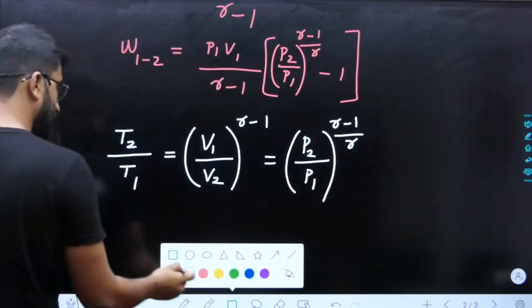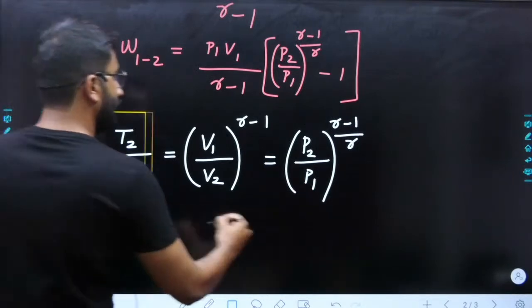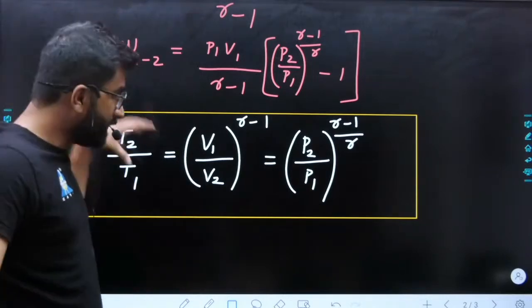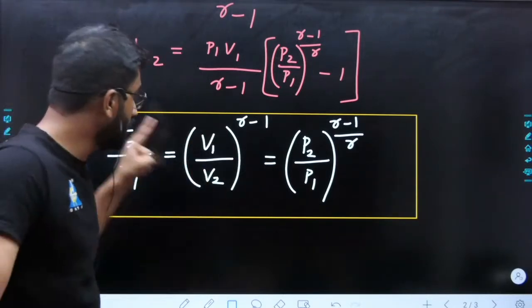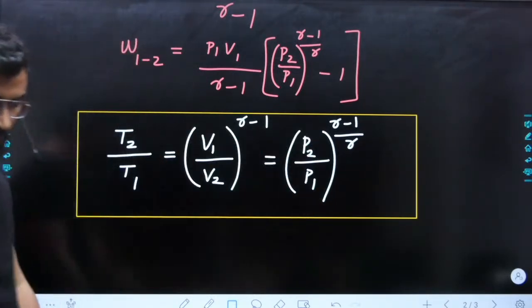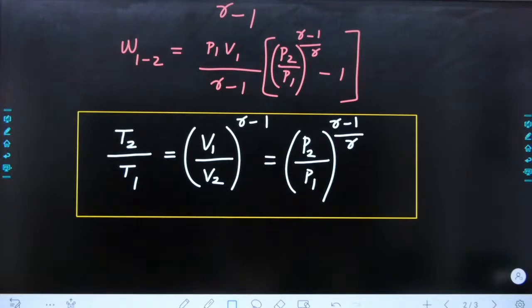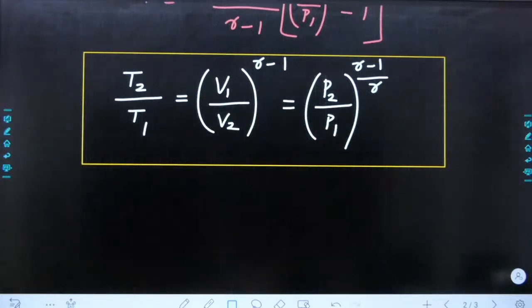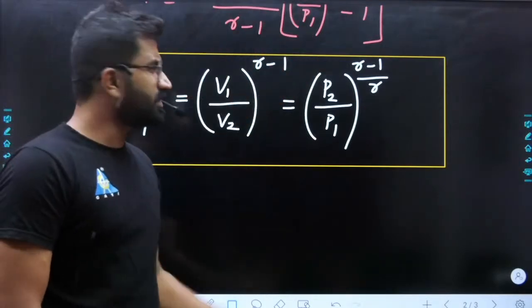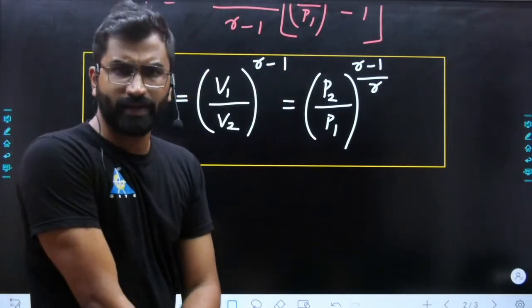This is the most important relation in thermodynamics for adiabatic processes, and they can ask several questions on it. In mock test 1, there was a question based on this equation. So you have to remember all this. I hope it is clear for everyone. With this, almost all the first law chapter questions are done.